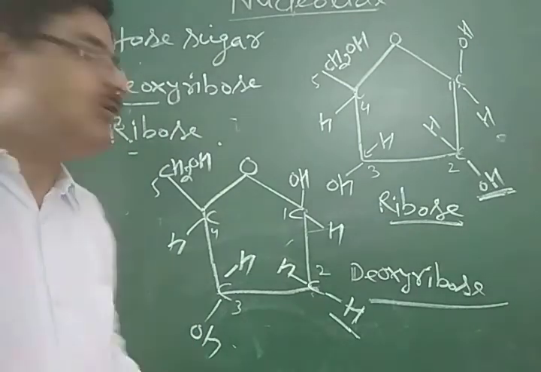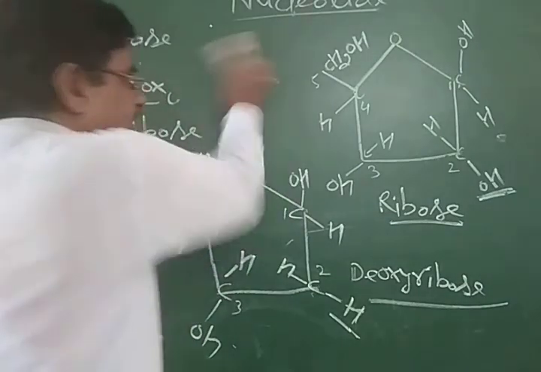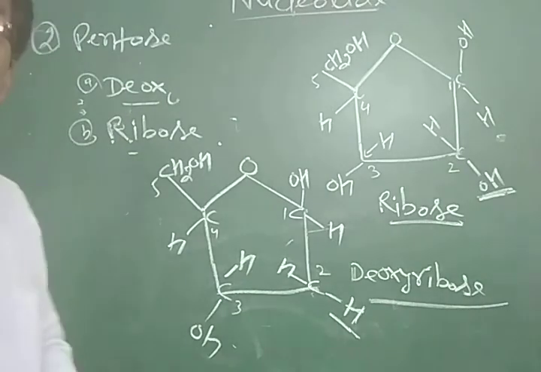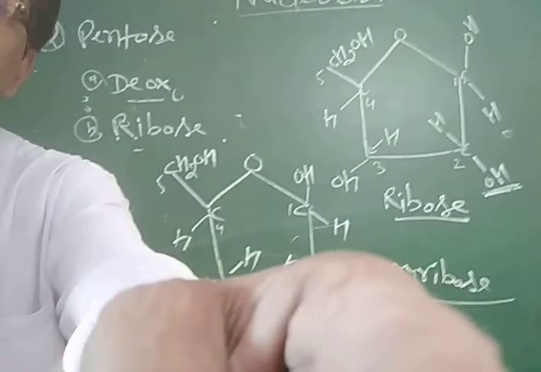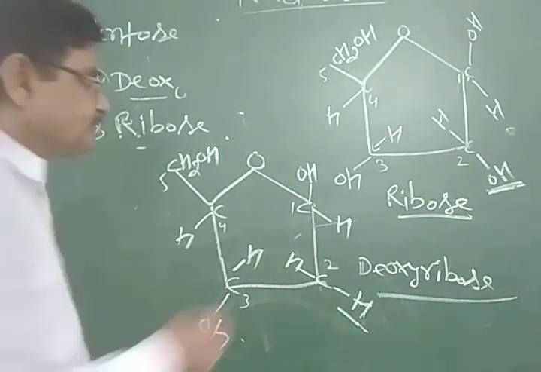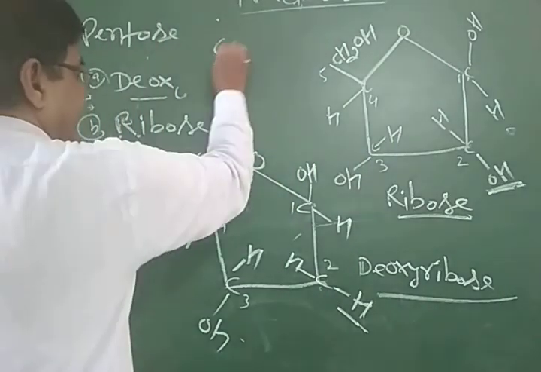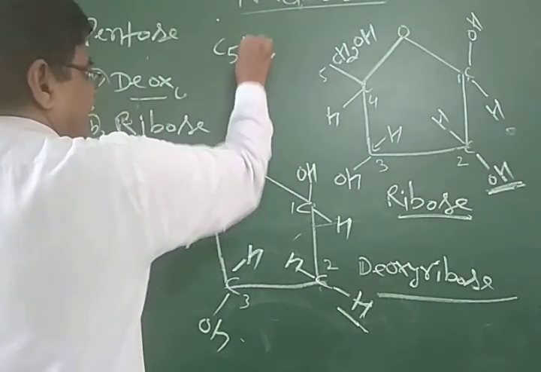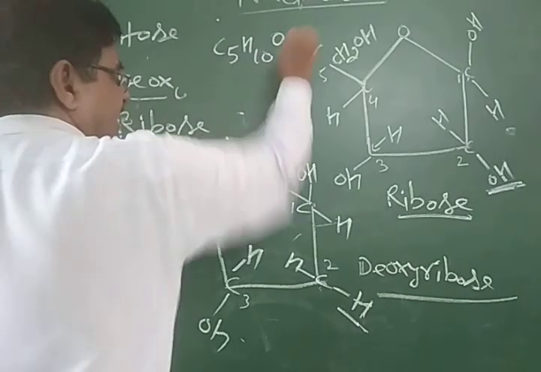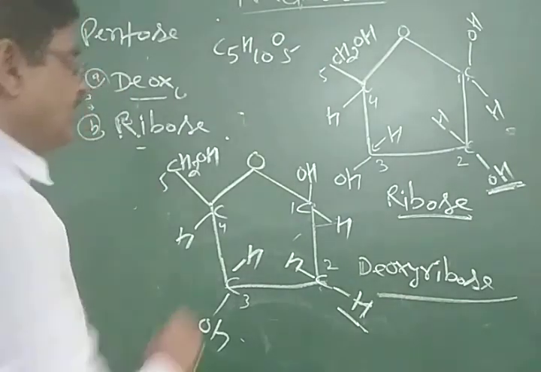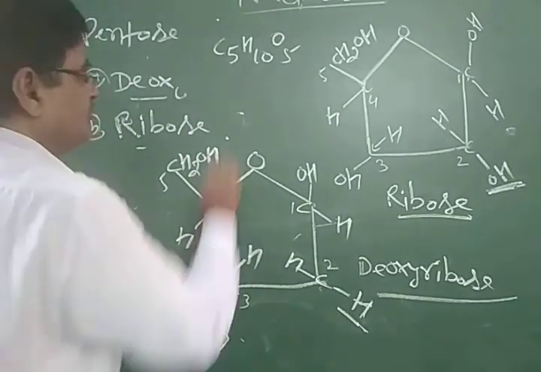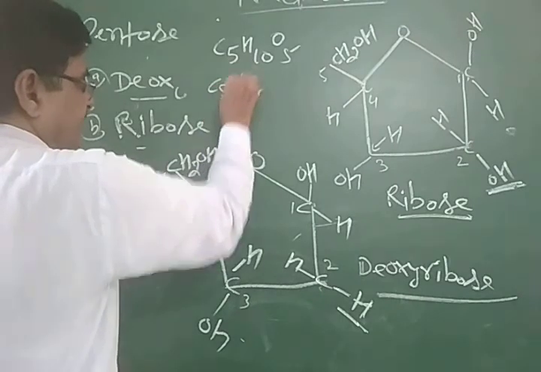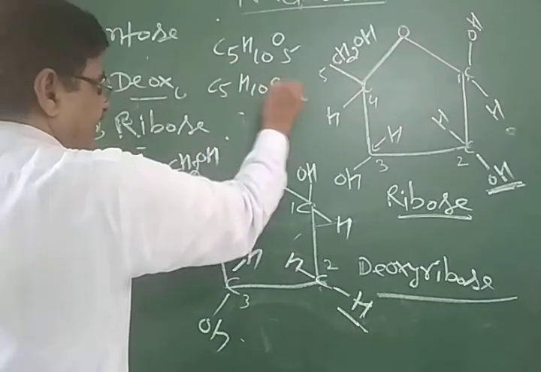Then what will be the molecular formula for ribose and deoxyribose? For the ribose, it is C5H10O5, and for the deoxyribose, the formula will be C5H10O4.